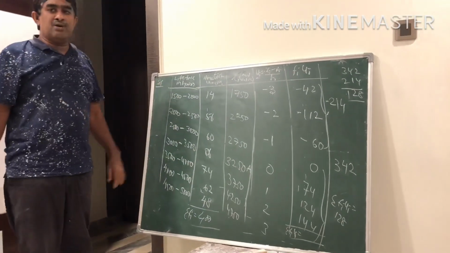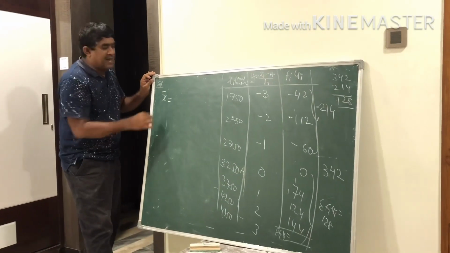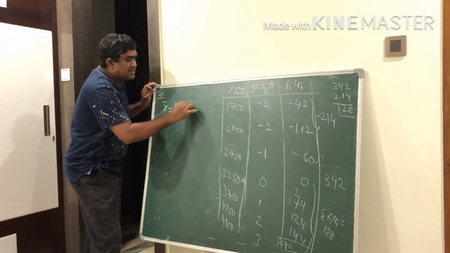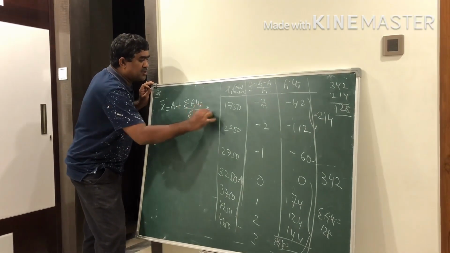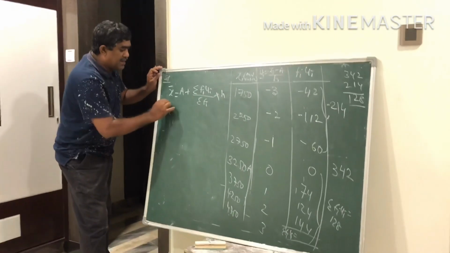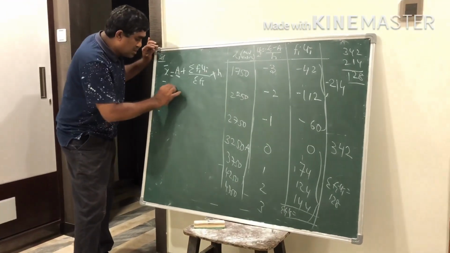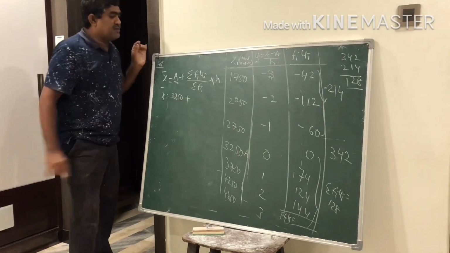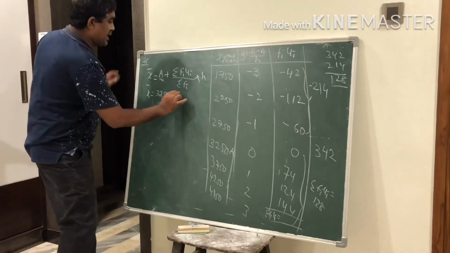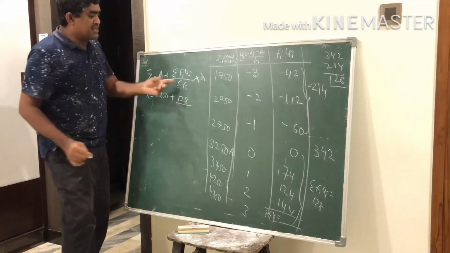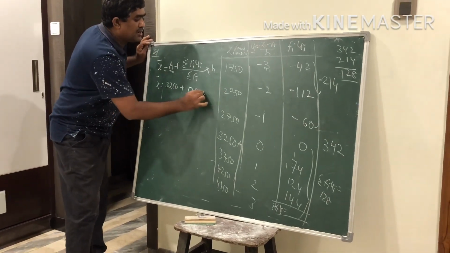Okay, children, note it down. I am giving 3 minutes time. Make it fast. We will denote like this: x bar. What is the formula? A plus sigma fi mu i by sigma fi into h. A, already you have taken the assumed value 3250, plus sigma fi mu i. You got sigma fi mu i, how much? 128, by sigma fi, you calculated sigma fi 400, into h.